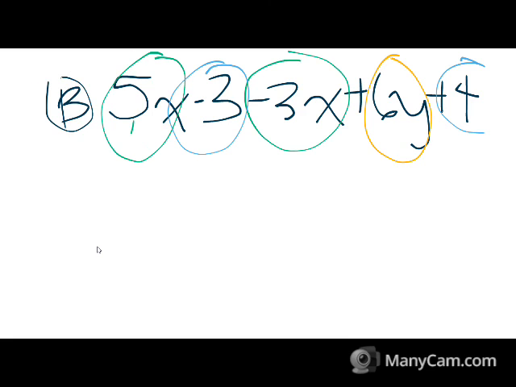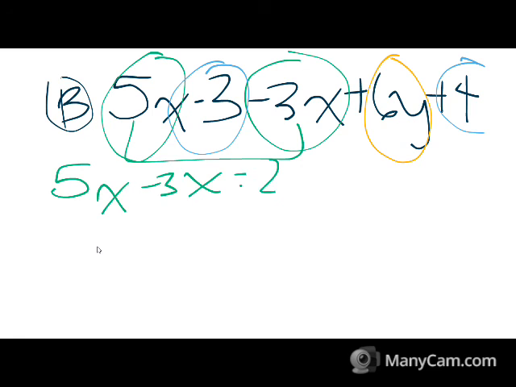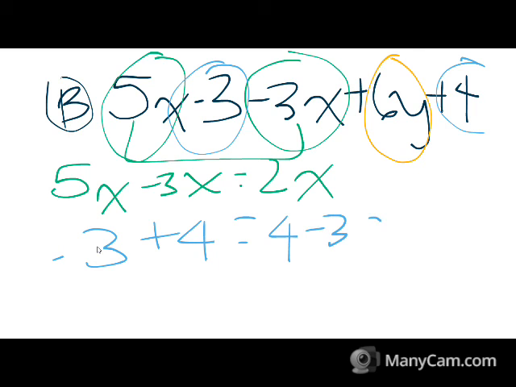All right, so let's combine 5x minus 3x first. I have a 5x minus 3x, which gives me 2x. Now let's do my constants. I have negative 3 plus 4. Now remember, I can rewrite this as 4 minus 3, which is 1. And then I'm just left with a 6y.